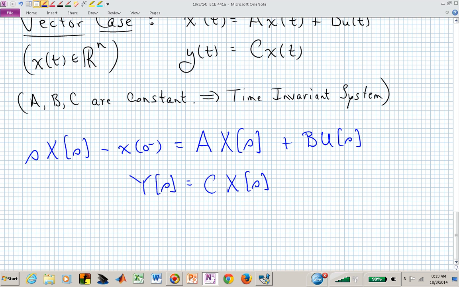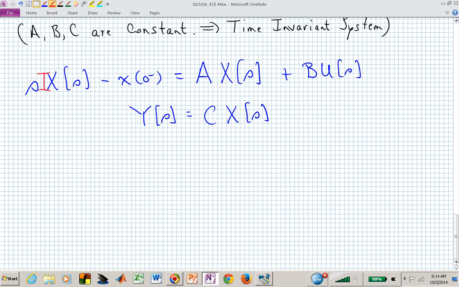In order to make it compatible with the other term on the left-hand side, we are going to introduce an identity matrix that's the same dimension as our system matrix A. That hasn't changed the product s X of s. We have sI X of s, and that gives us exactly the same vector s times X of s, but this placeholder I allows us to combine.